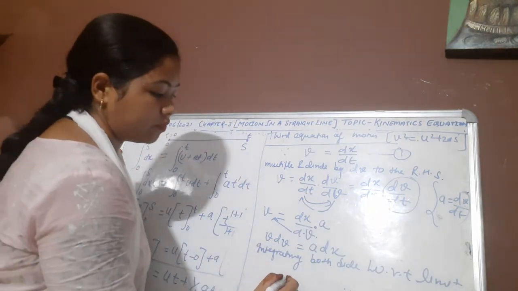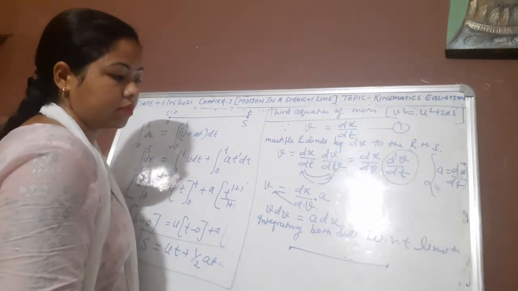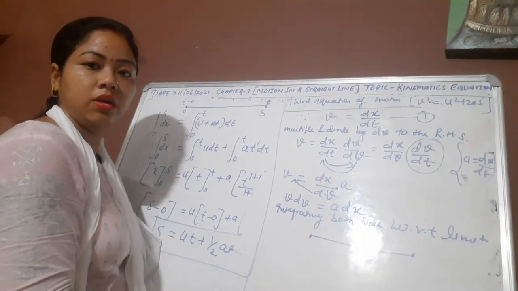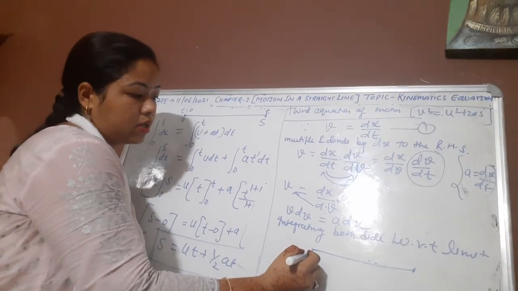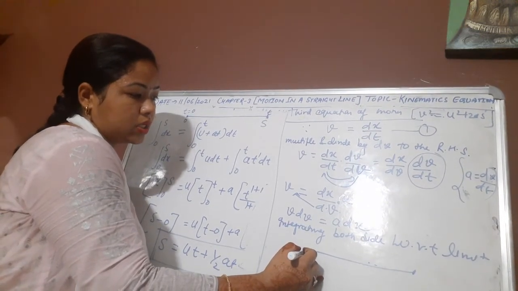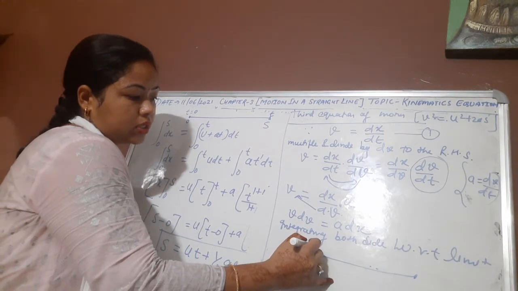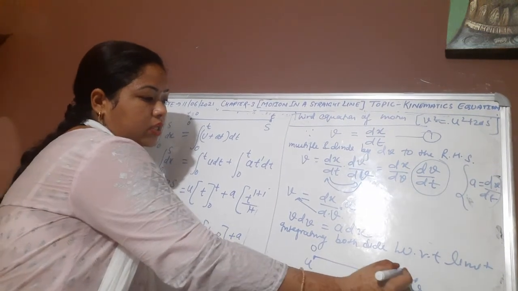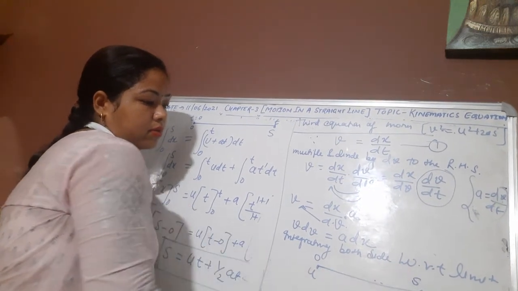Now we will take the limit conditions. When velocity is u, then the distance traveled by the object is 0. When velocity is v, then the distance traveled by the object is s, right?